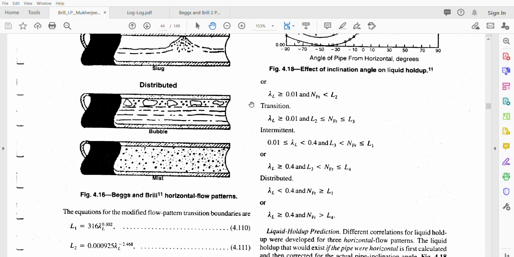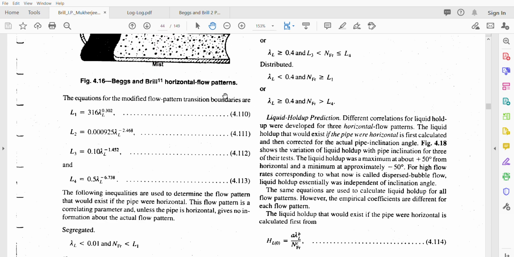So what are L1, L2, L3? This is the equation for L1, L2, L3 and L4.